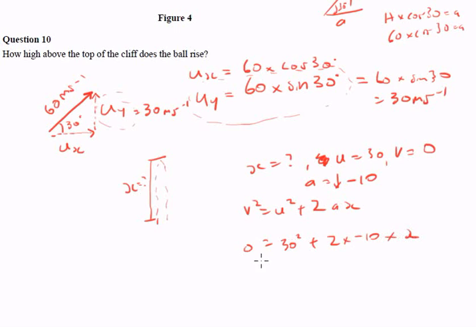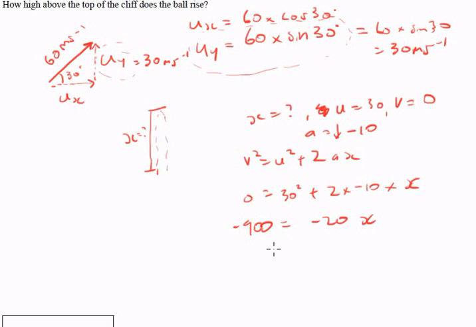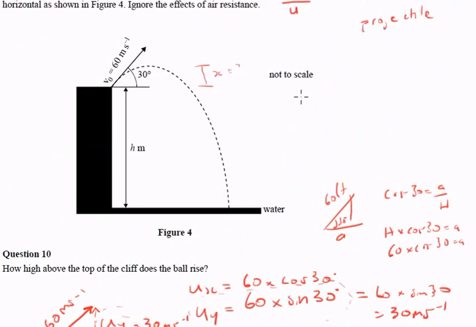I'm going to minus 30 squared from both sides, and 30 squared in my calculator is 900. So minus 900 equals minus 20x. And divide both sides by minus 20, you get 45 equals x. So that there is 45 meters high.